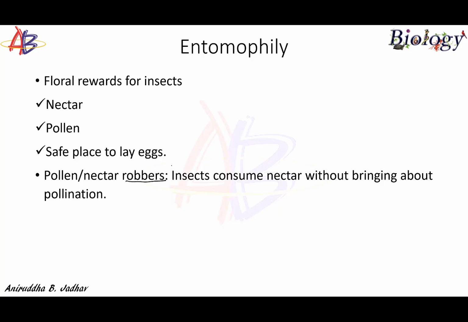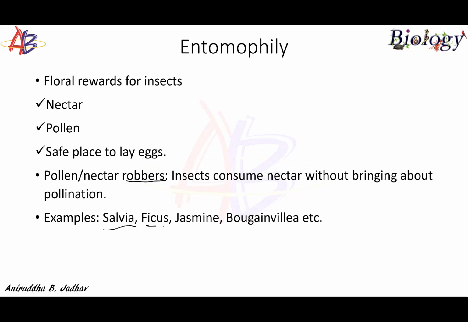There are some insects which consume nectar from the flowers, but they do not help in the pollination process. All such insects are termed as pollen robbers or nectar robbers, right? Now examples of entomophilous plants mainly include salvia, ficus, jasmine, bougainvillea, etc.